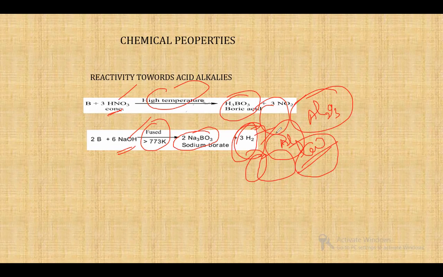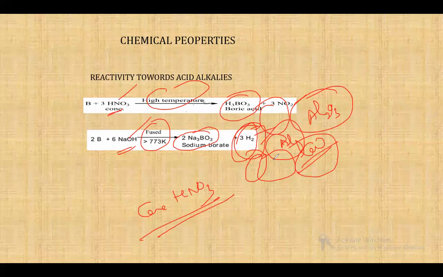That is the reason concentrated nitric acid, HNO3, is transported in aluminium containers. This is a point we discussed earlier.